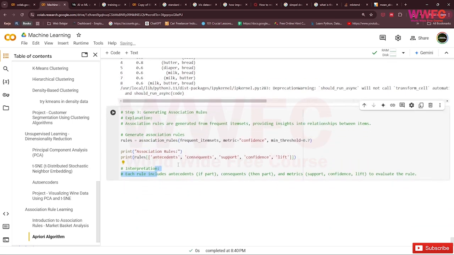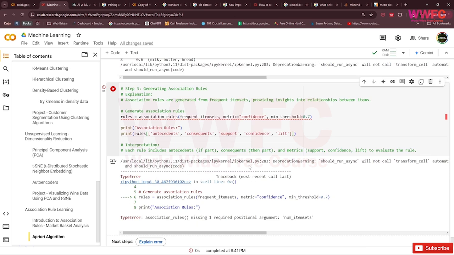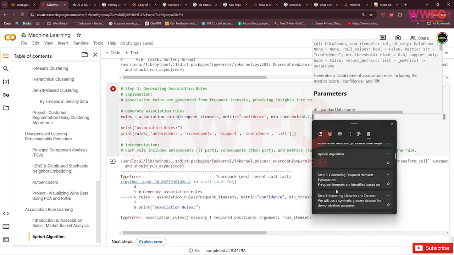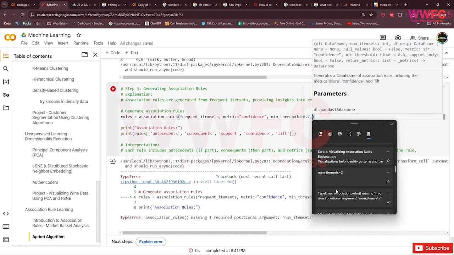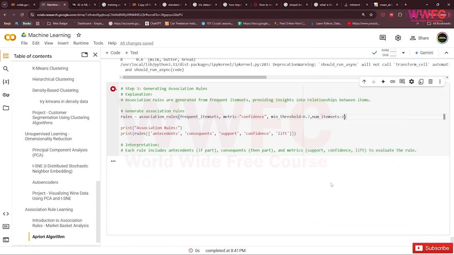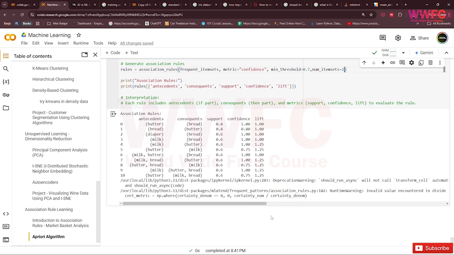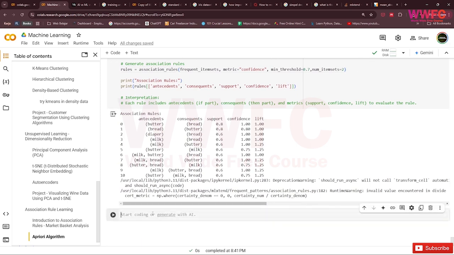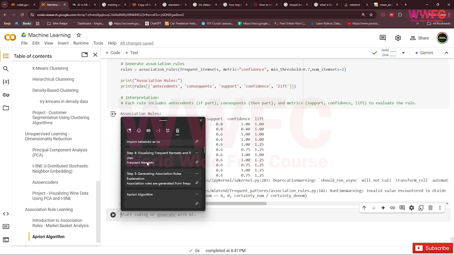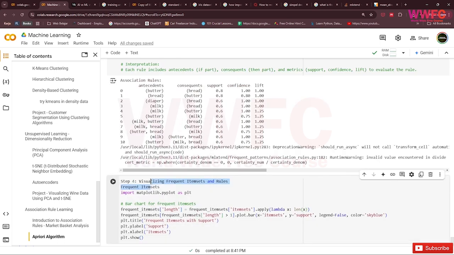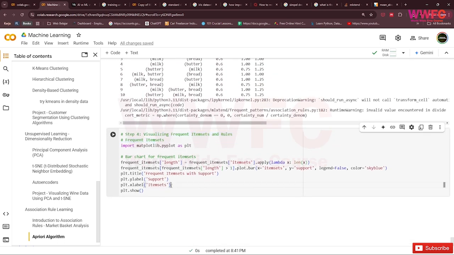Each rule includes an antecedent, the if part. It's the same as before. The item set is actually the same as before, right? So we just go to the next step.